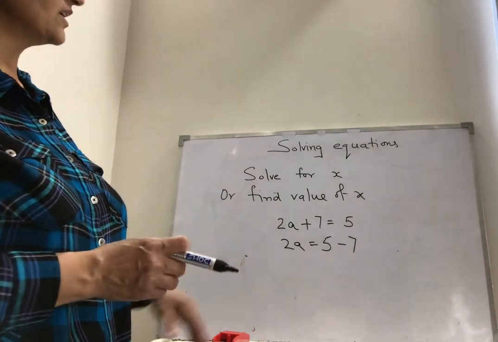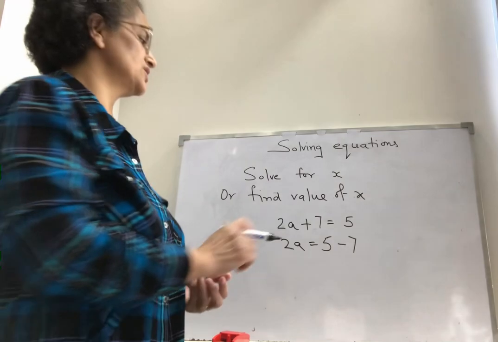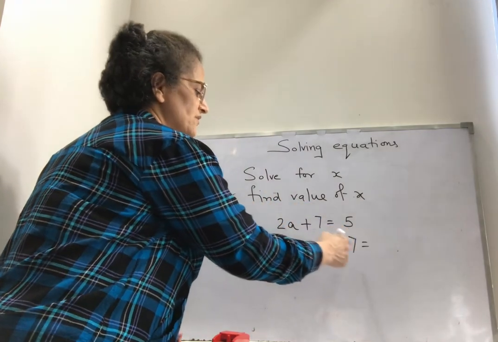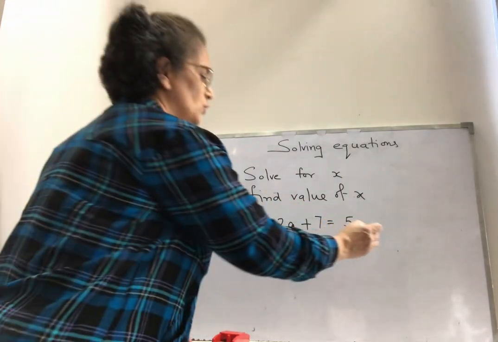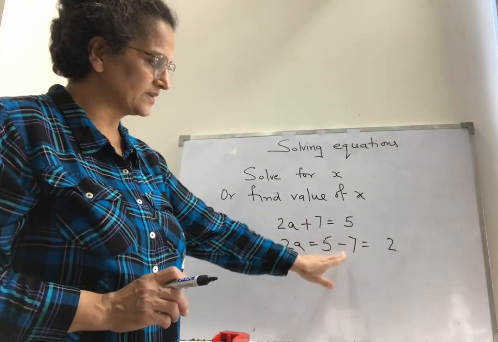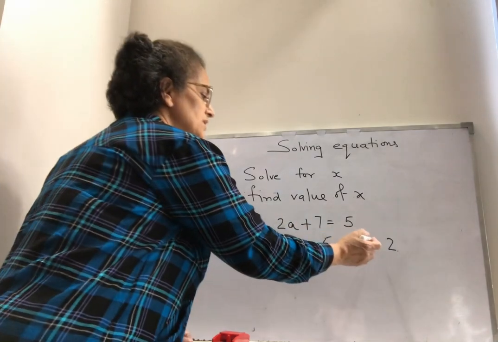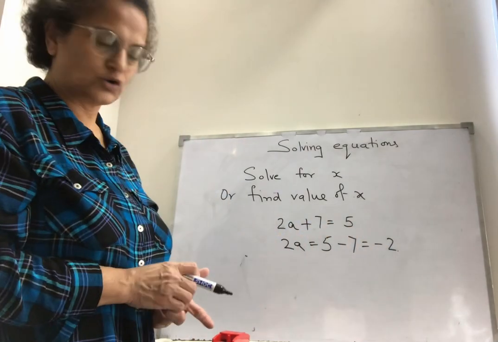So we have done integers, one positive, one negative, subtraction needs to be done. So 7 minus 5 gives me 2. And out of 5 and 7, bigger is 7. So answer will get sign of the bigger number, that is minus 2.